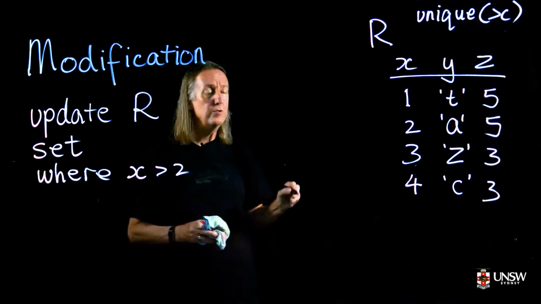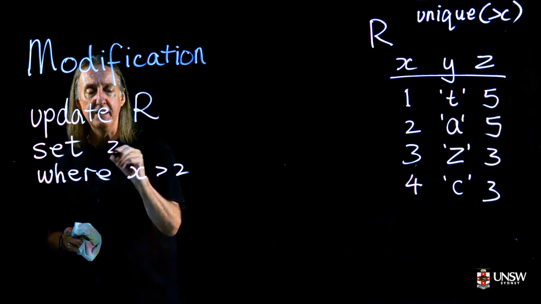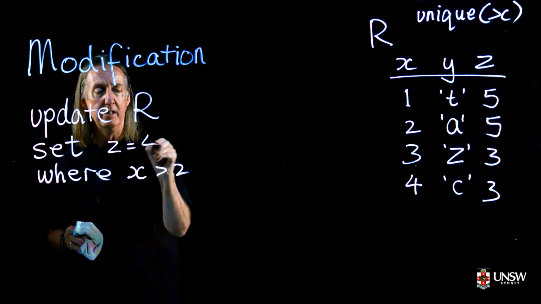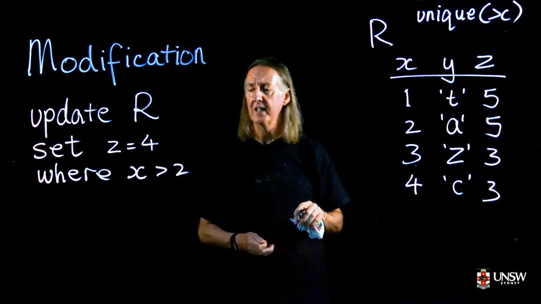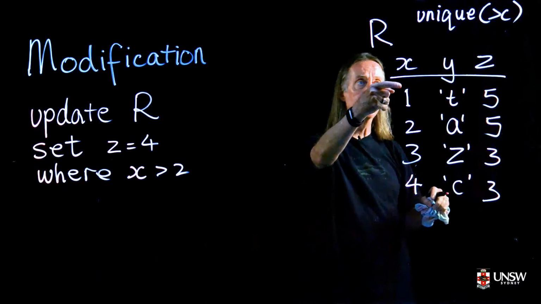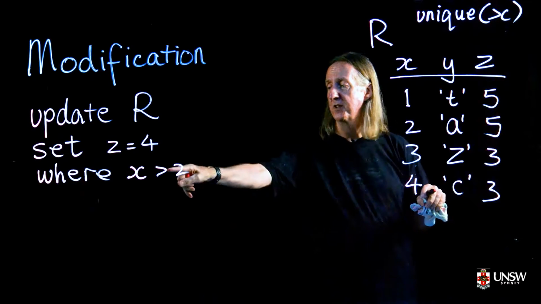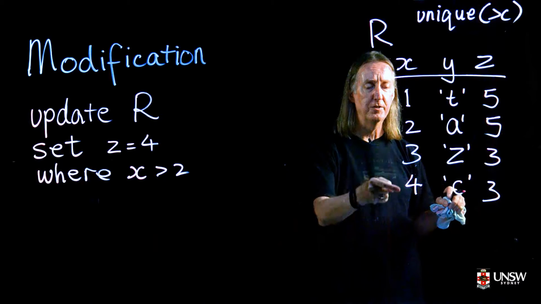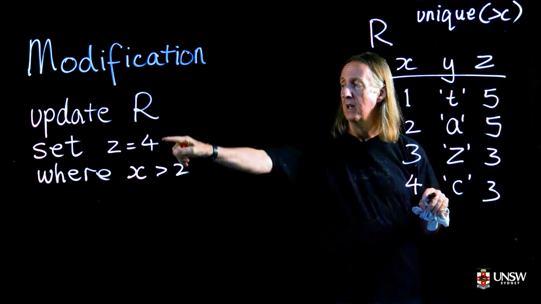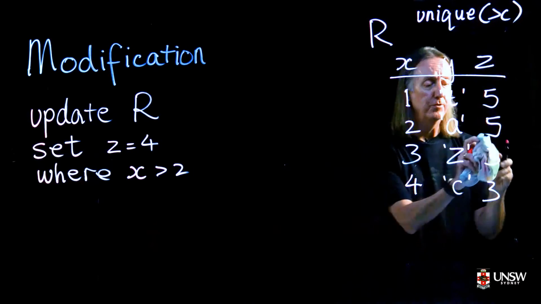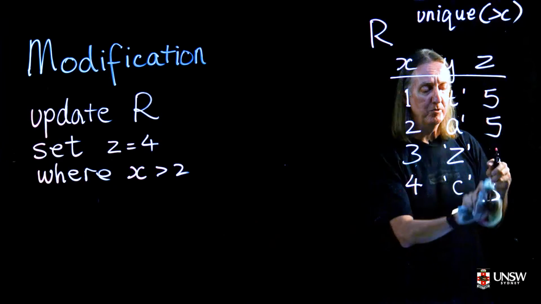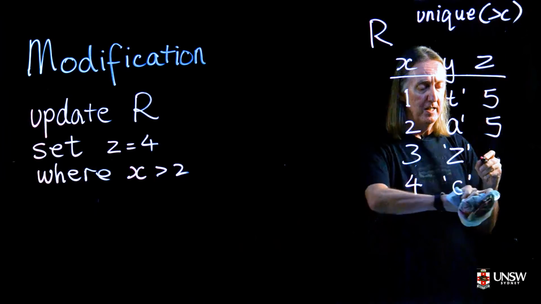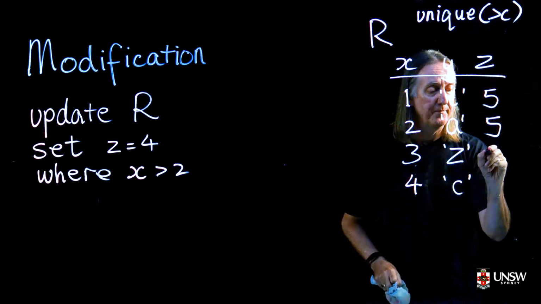And what we want to do to all those tuples is set their z value to 4. So if I was to execute this update statement, it would search through the table, find all the tuples that satisfy the condition x greater than 2, which is those two, and would set their z value to 4. So the table would end up looking like this.